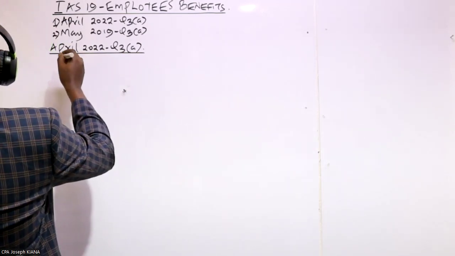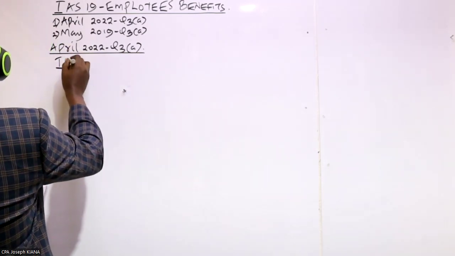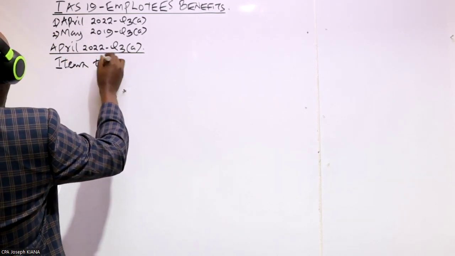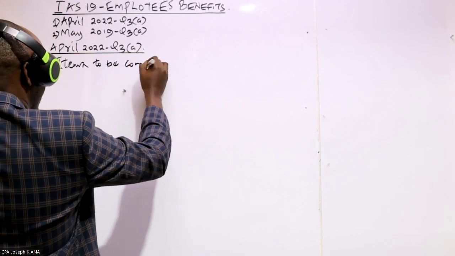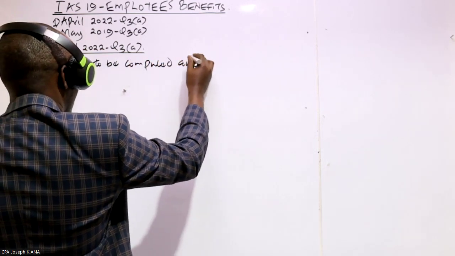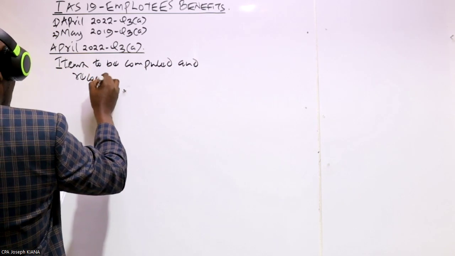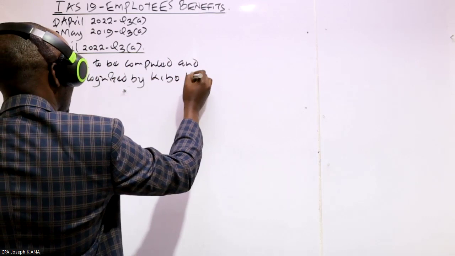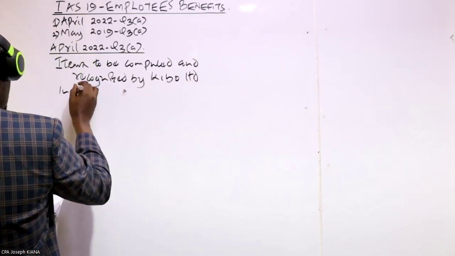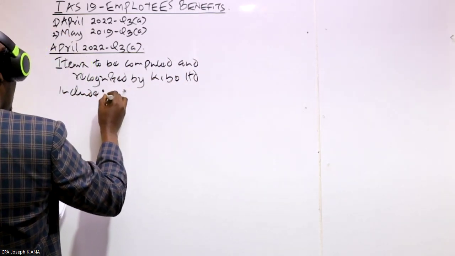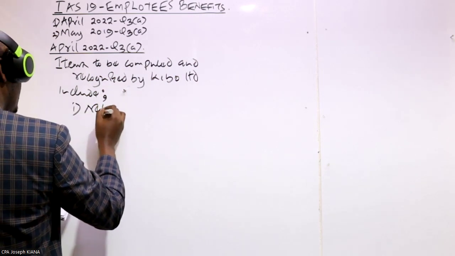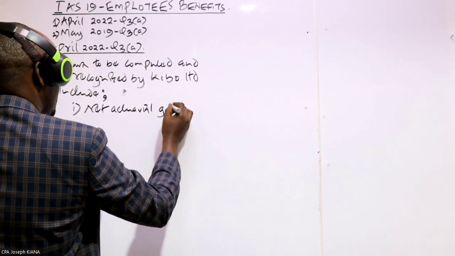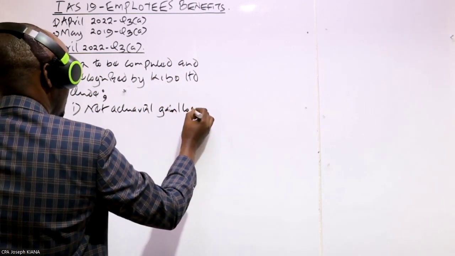So therefore, the items to be computed and recognized by CPA Limited include: number one, the net actuarial gain or loss.